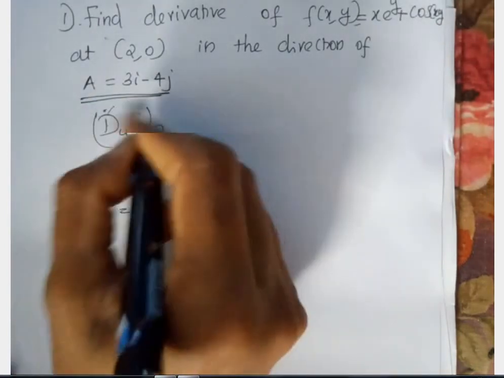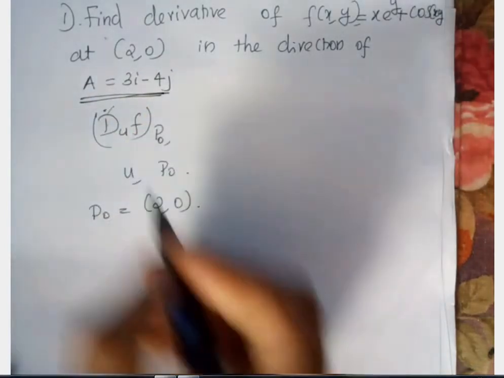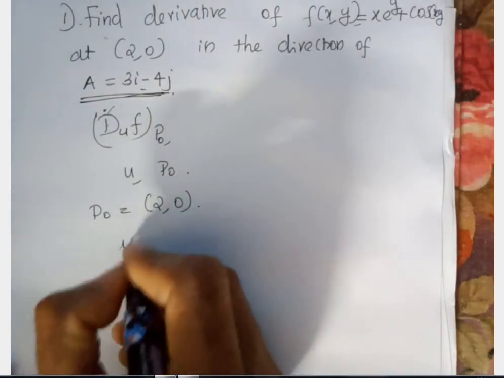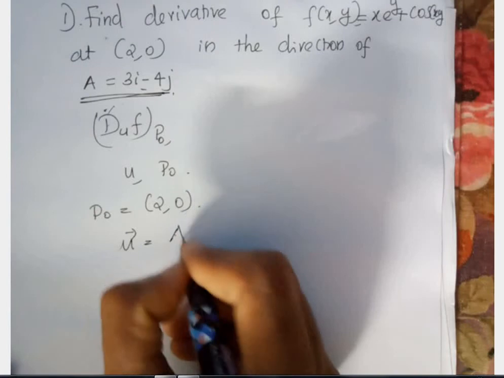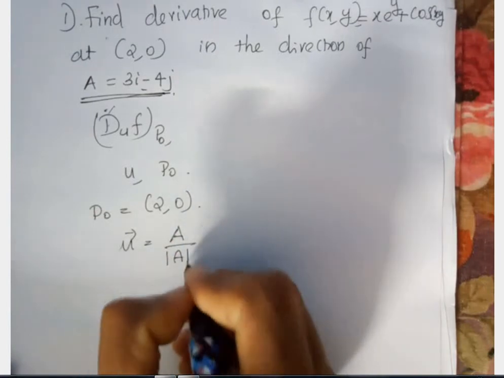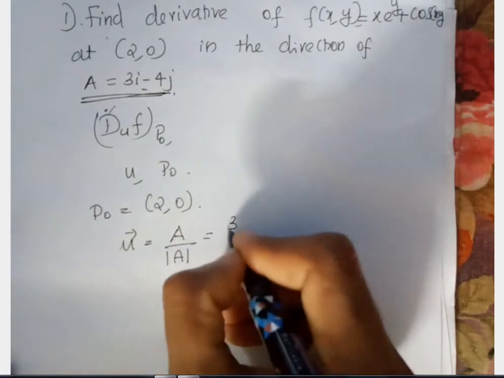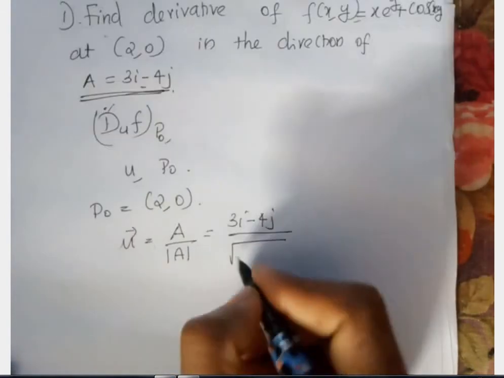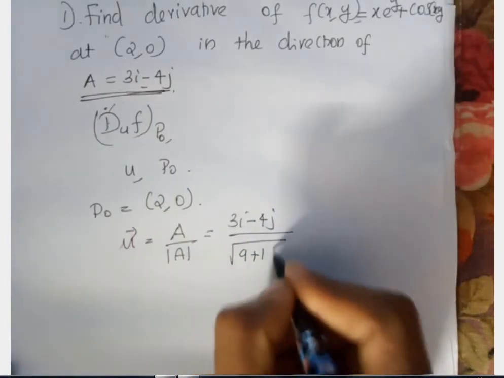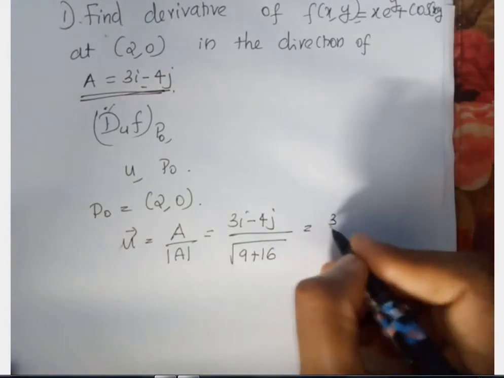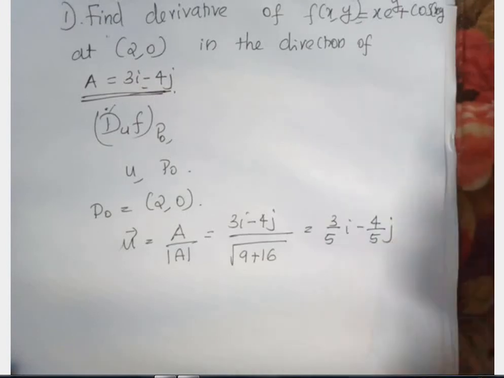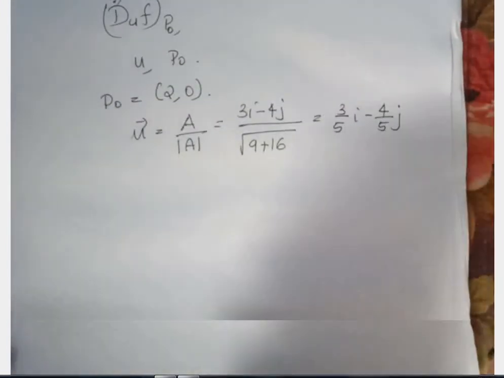The question gives 3i minus 4j, which is not a unit vector, so I have to convert it to a unit vector: a divided by its modulus. So 3i minus 4j divided by square root of 9 plus 16, that's equal to 5. So 3/5 i minus 4/5 j is its unit vector.